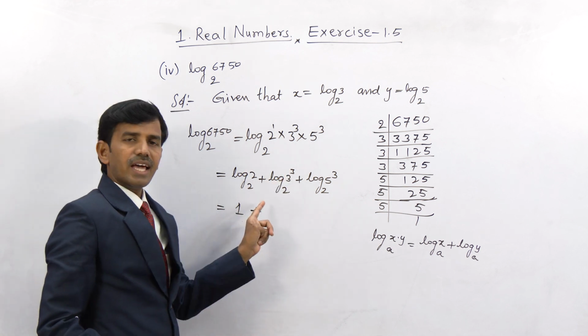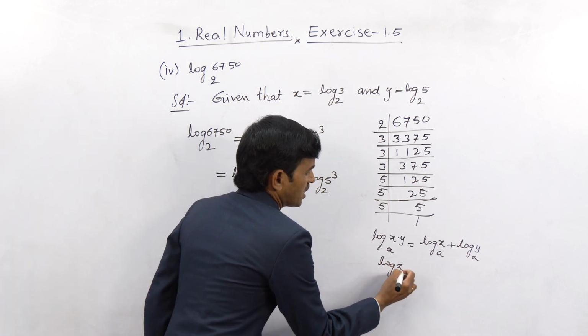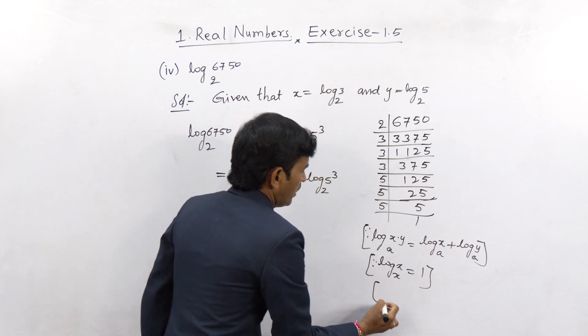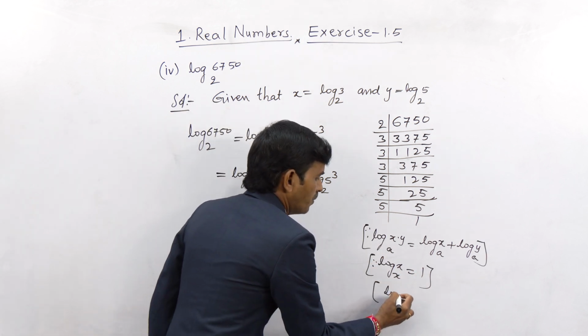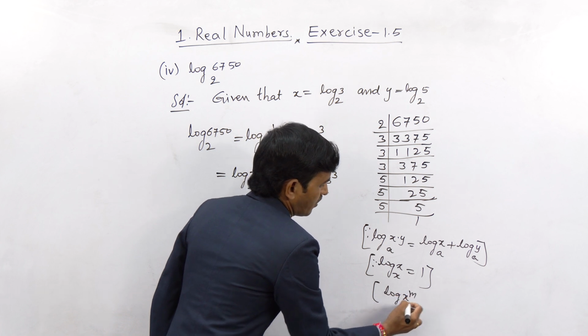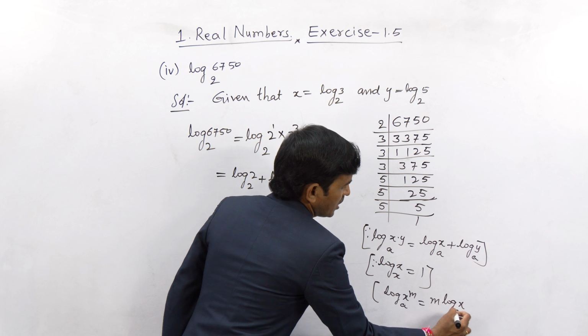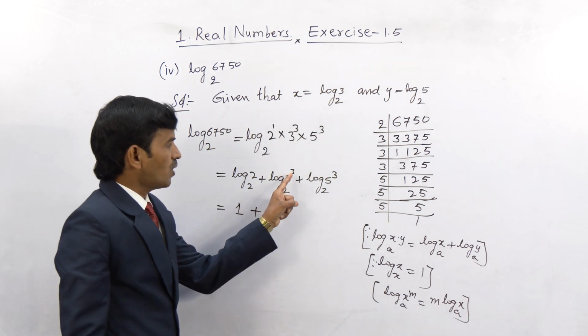So write it as 1, using log x to the base x value as 1. Next, we know the exponent rule: log x power m to the base a can be written as m log x to the base a. What is the power here? 3.